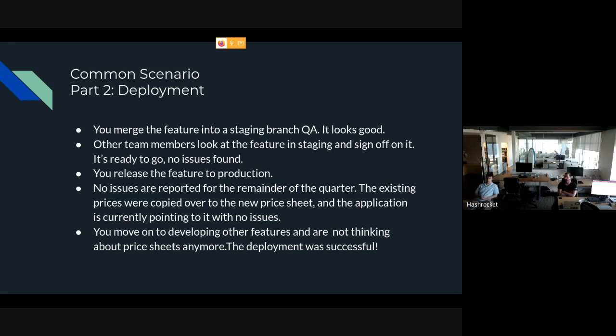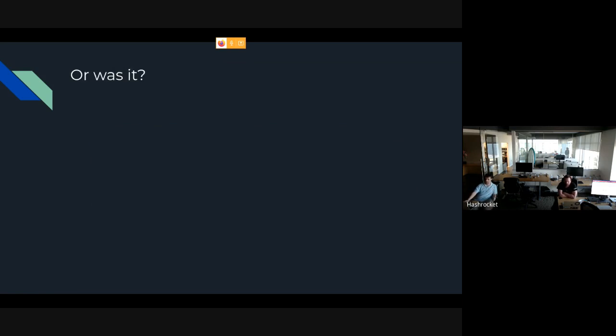So the first iteration of the product was you add ingredients and you add prices to the ingredients directly, but the prices of those can change over time, and we might know what the price is going to be in the future, but we're not charging that immediately. So that's what price sheets would be. We could have different sets of prices. So we think the deployment was successful, but was it?